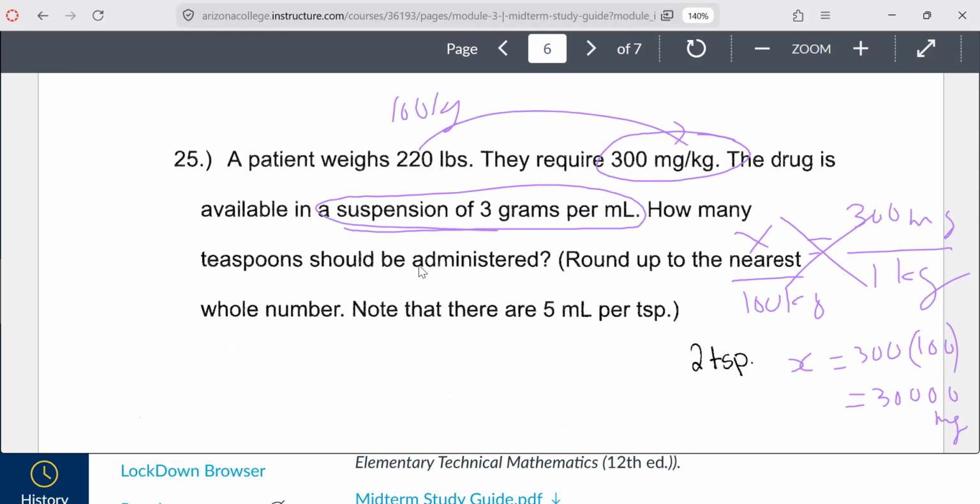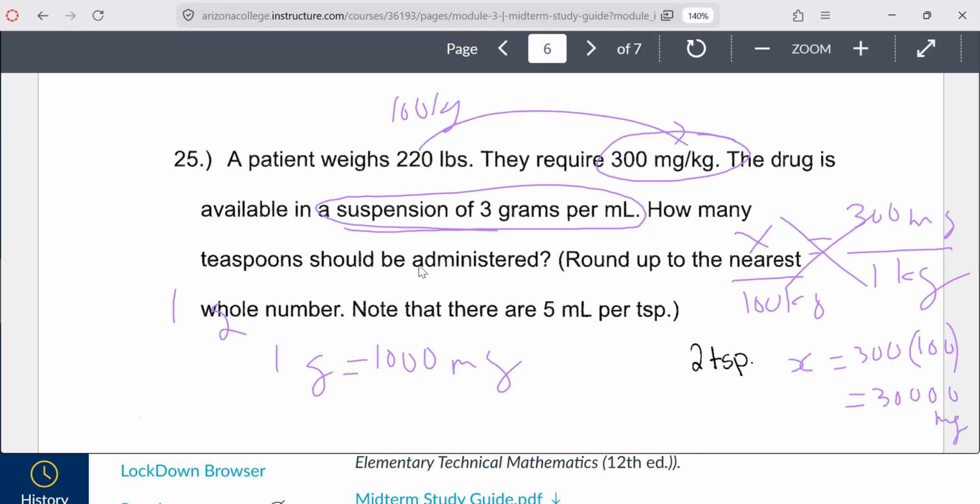So you've got to change milligrams to grams. To do that, you use the King Henry, or you should remember that 1 gram is 1,000 milligrams.